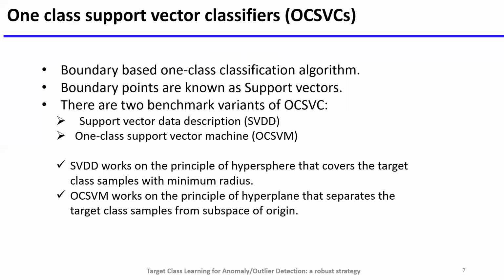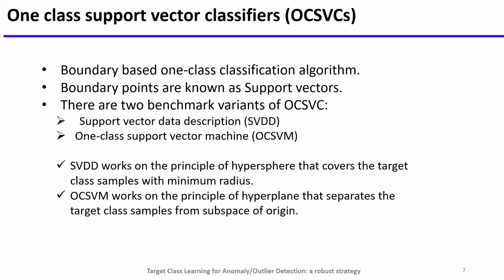So there are two benchmark variants of one class support vector classifier. The first one is SVDD, given by Tax and Duin, and the second one is the one class support vector machine, which is an extension of the conventional support vector machine.